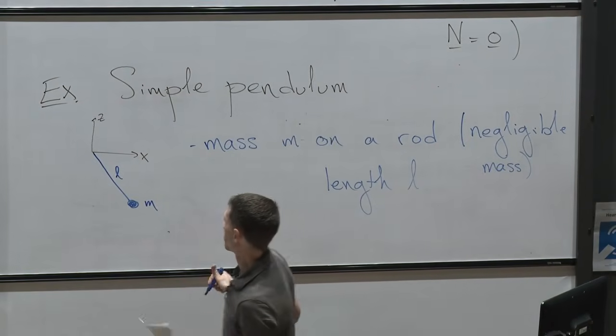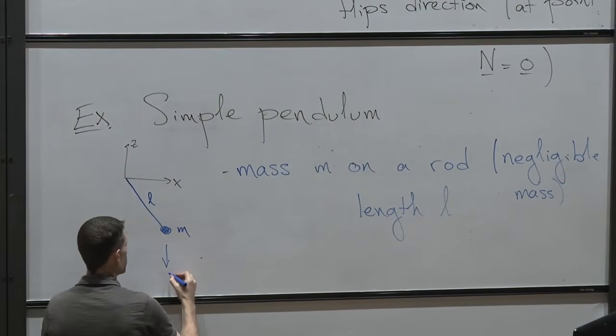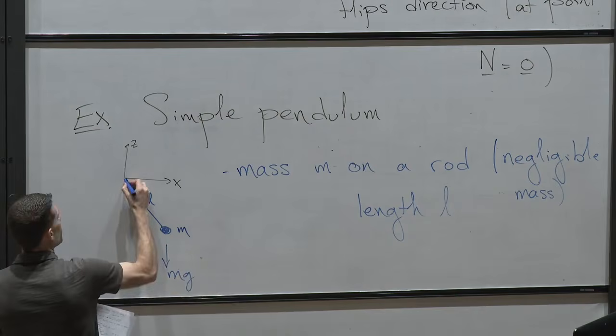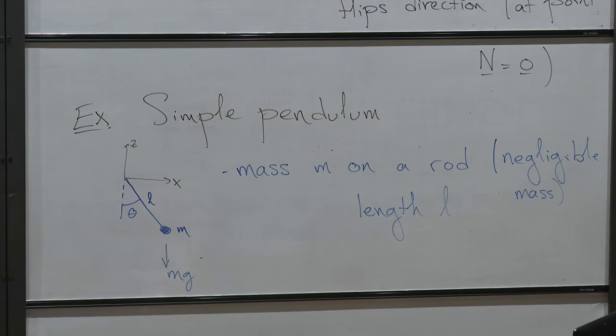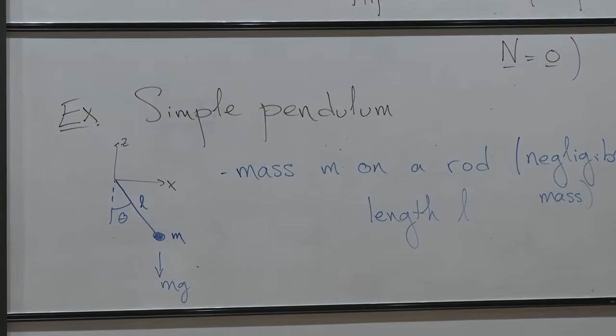And let me set up my coordinates. Gravity is pointing down, so gravity is acting in the minus z direction. And I'm going to define angle theta as the angle between the negative z-axis and the position of the particle.